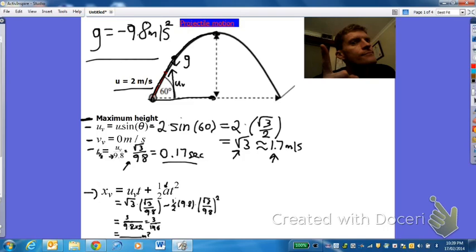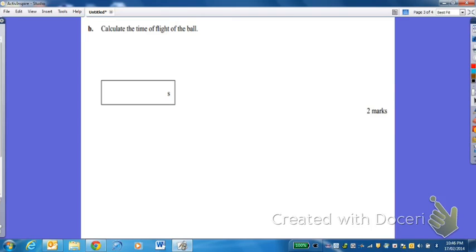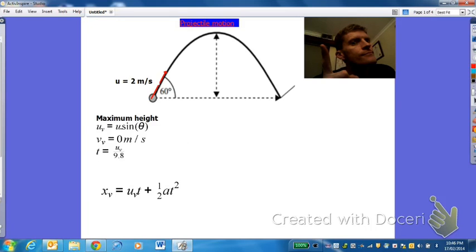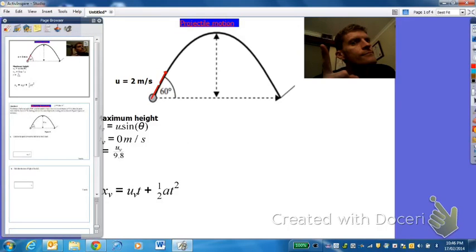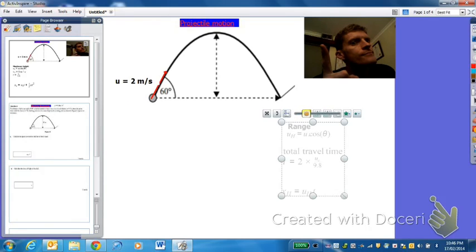So, next problem. What about if we're not after maximum height anymore, but we need to think about a slightly different problem? Oh, too far. Let's go back a bit. So let's hide that one, and let's grab that one.